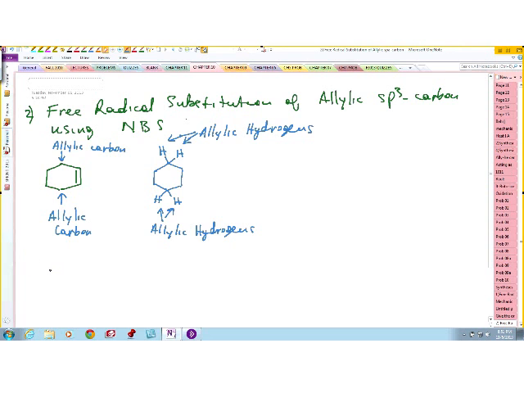Now, if I have this, and you have this compound here, we call this N-bromosuccinimide.